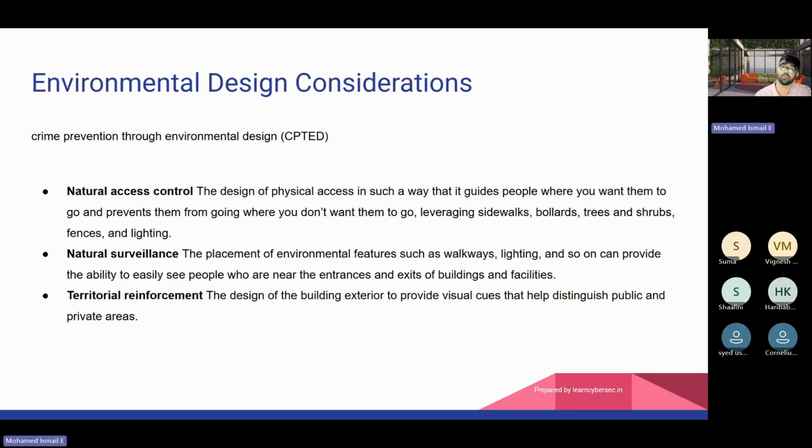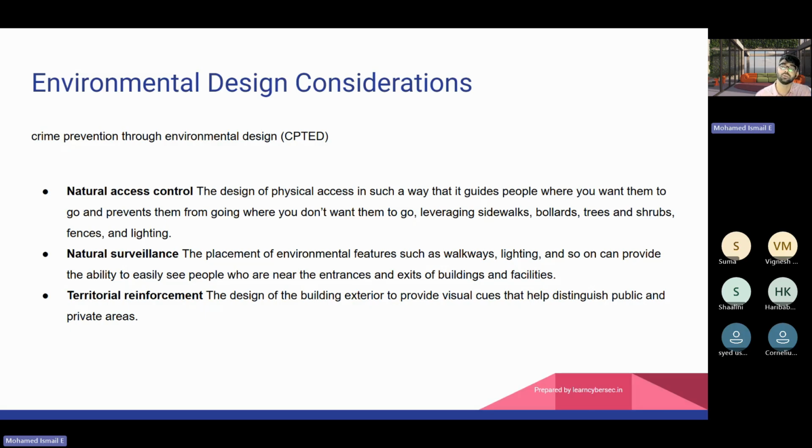For example, you are building a data center or a shopping complex where entry and exit must be properly designed. Light visibility, where people come and go, more lighting, more surveillance, and CCTV cameras will prevent unauthorized access or attacks on your premises.